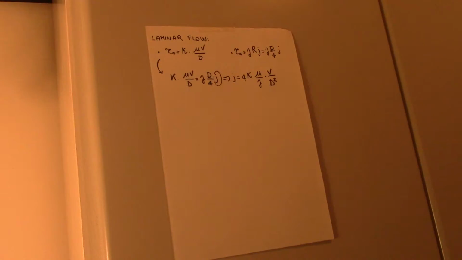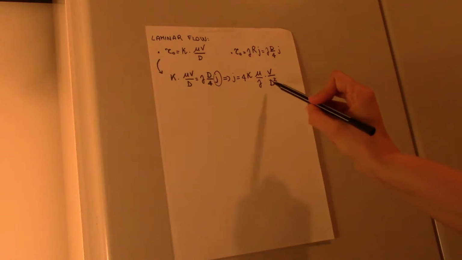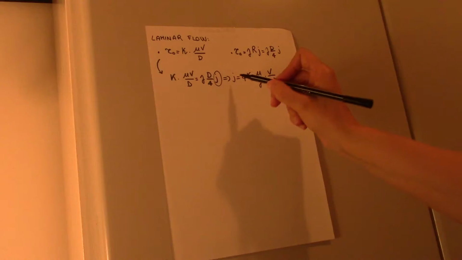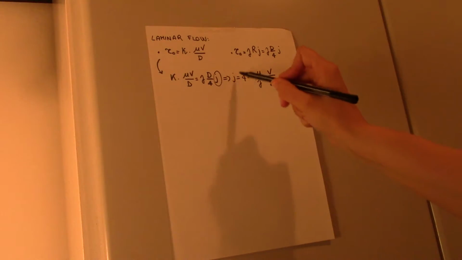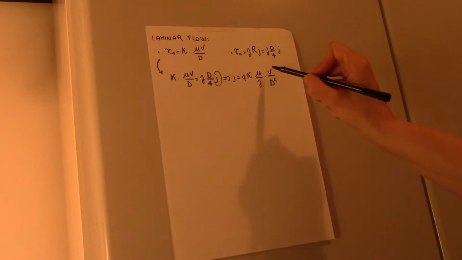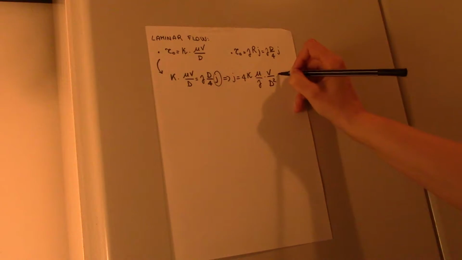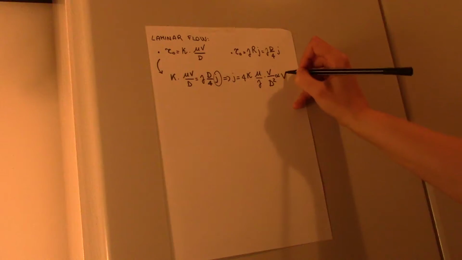Alright, so if we observe this relationship that we get, we can observe that J is linked to the velocity at the first grade, so it becomes proportional to v.